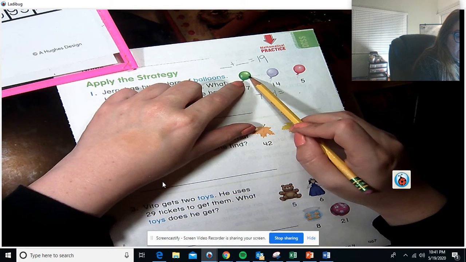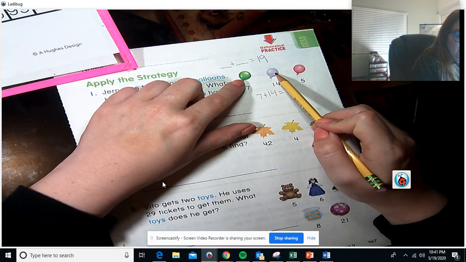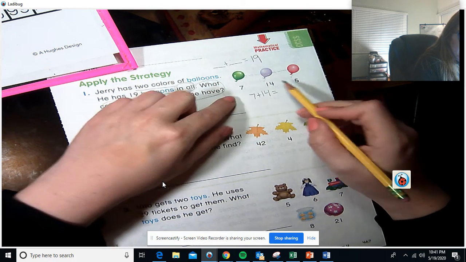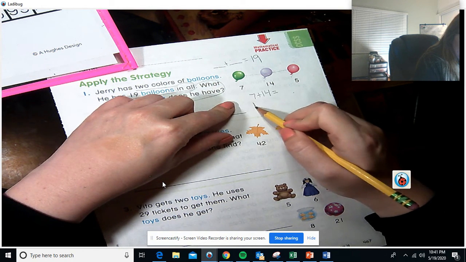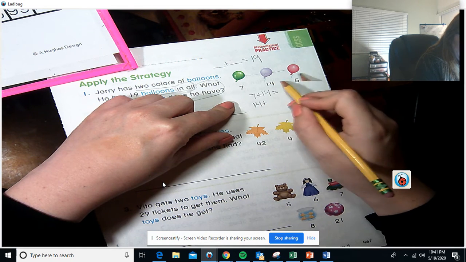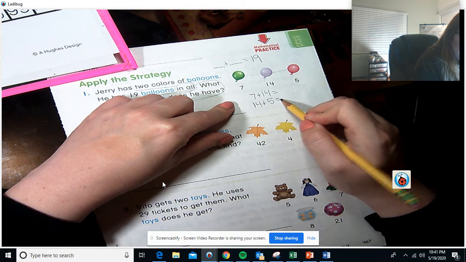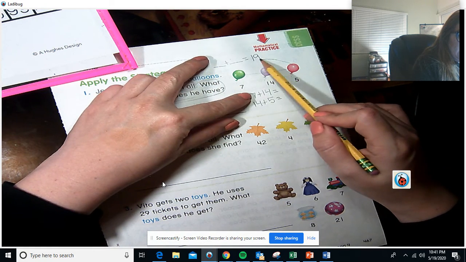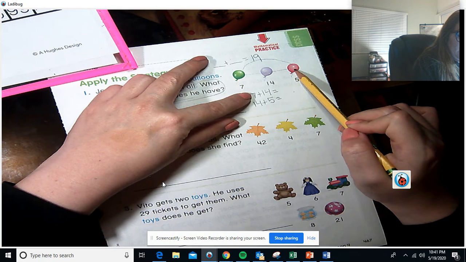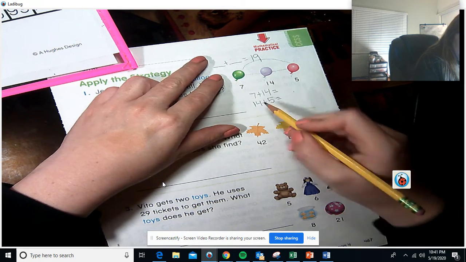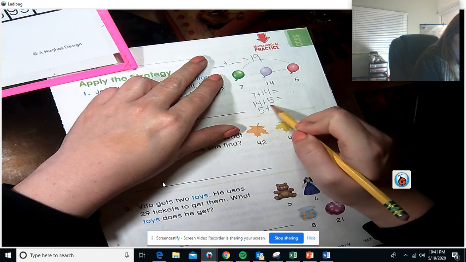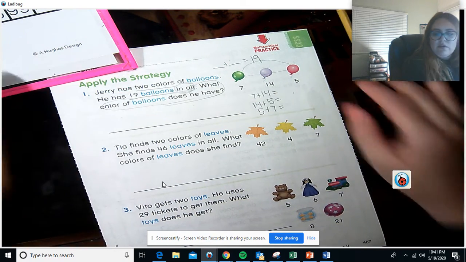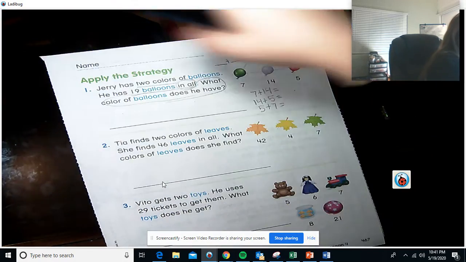Okay, so either it could be green and purple, or it could be purple and pink. So it could be 14 plus 5. We don't know which one it is. Or it could be red and green. We don't know. It could be one of those. So let me color code for you to help me see.